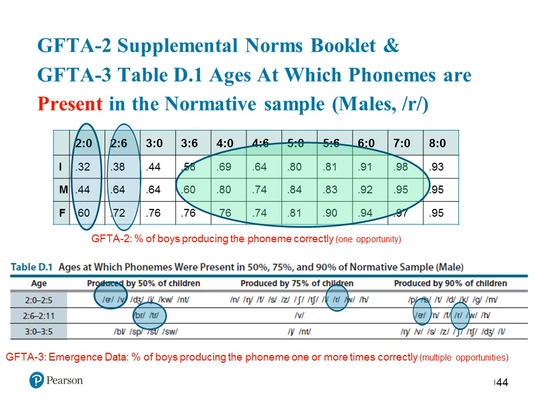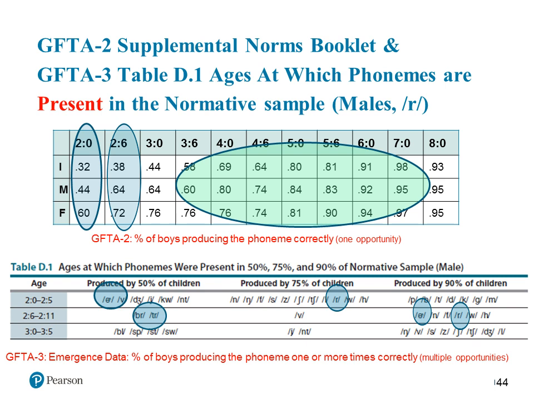Okay, we see that in different ways. Again, in the first table, the table on top, that's from GFTA-2. What we can see is that we'll look at the values. The values are presented as 0.32, 0.44, and what that's saying is the percentage of children in that sample that were able.